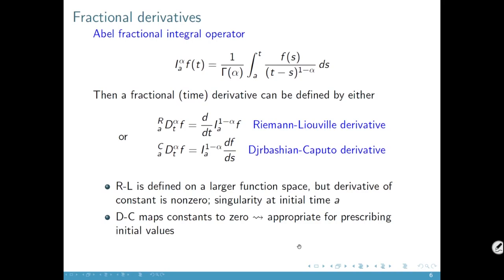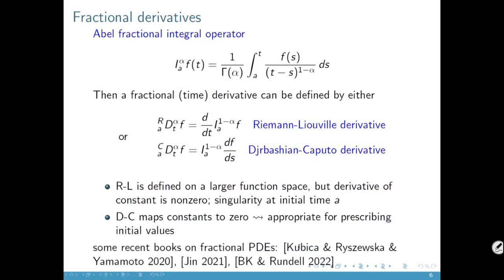And that's not very natural. At least it's not very useful when applying this in a physical context where one wants to impose initial conditions, and in particular, if you want to recover initial conditions, that plays an important role. So it's actually this Djrbashian-Caputo derivative that we will look at in this talk.